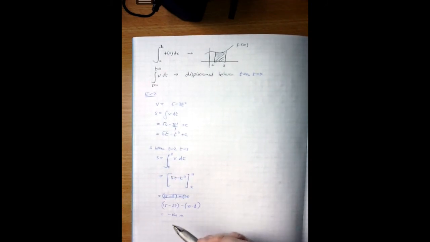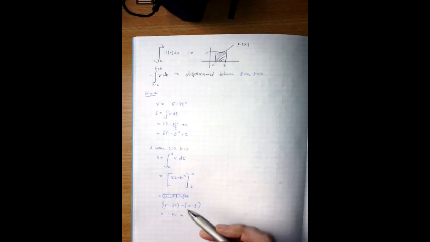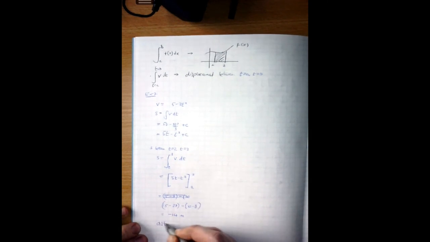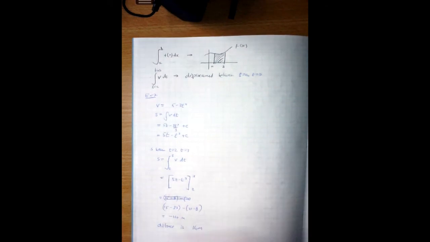Now remember, we can have negative displacement. It just means travelled in the negative direction. The question actually asks for the distance, so I would say distance is 14 meters.